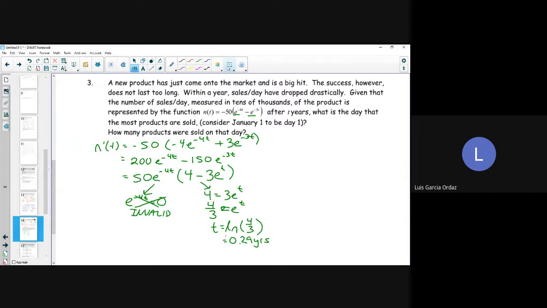So now I have to basically figure out how many products were sold in 0.29 years. So I know at n at 0, I had 0 products sold. And at 1, I had 1.57. Remember that I need to multiply this by 10,000 because my sales is measured in tens of thousands.